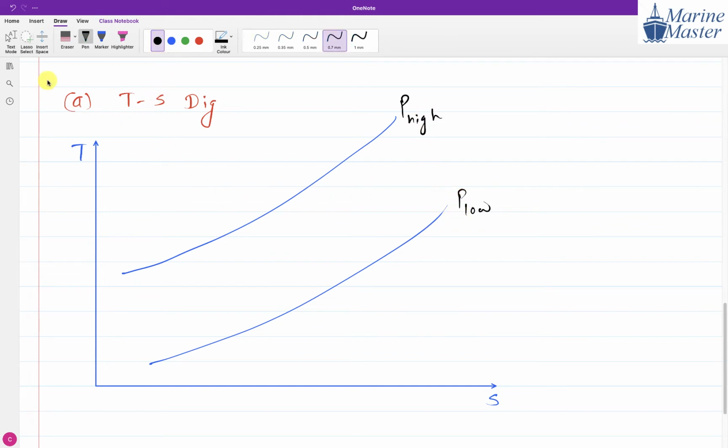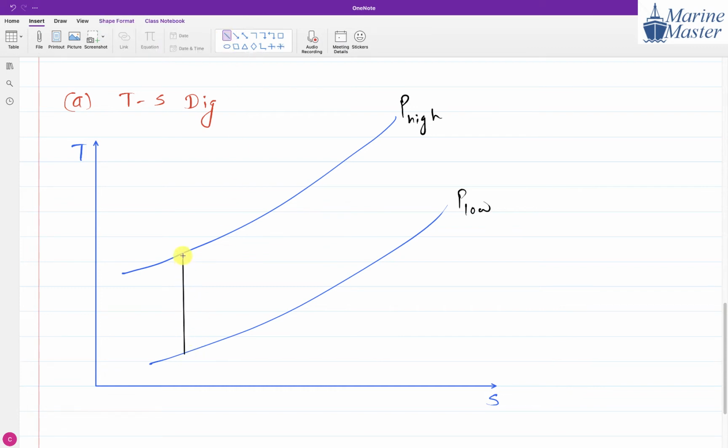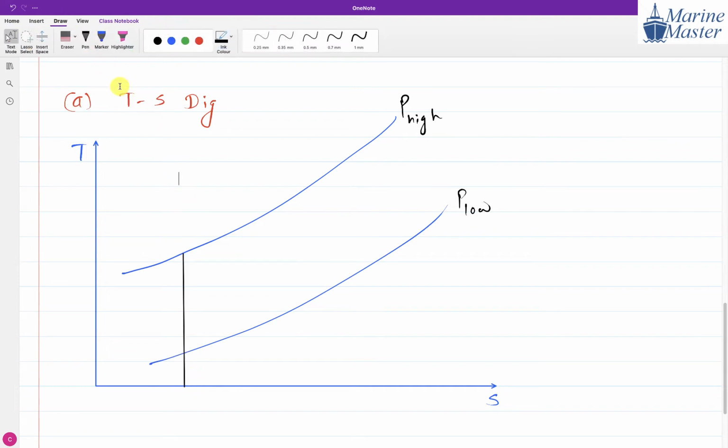Then ideally, process 1 to 2 will be isentropic. So here I am going to draw one straight vertical line. Observe carefully.